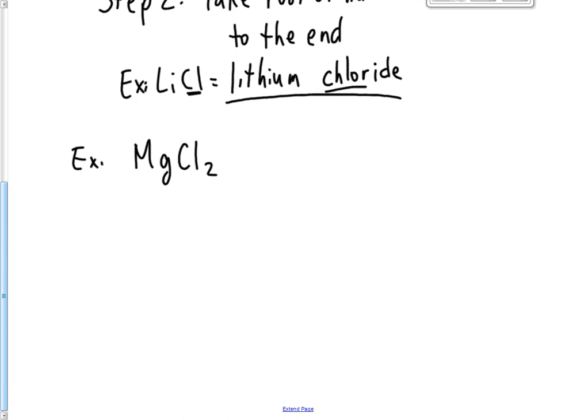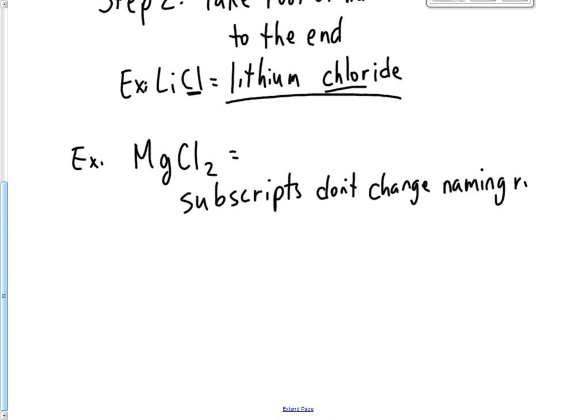Now, you may be looking at this and going, okay, well, what about the two? In binary compounds, really ionic compounds in general, as far as naming goes, subscripts don't change the naming rules. The subscript, the little number, does not change the naming rules.